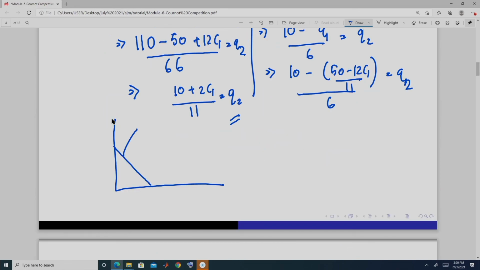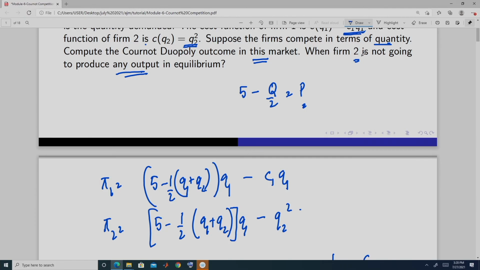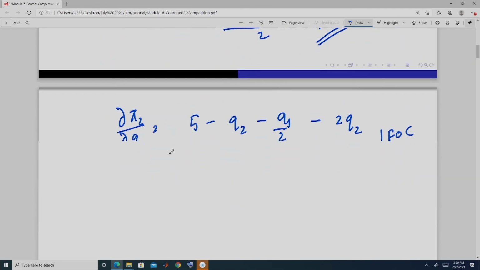Okay, the question is: when is firm 2 not going to produce any output in equilibrium?